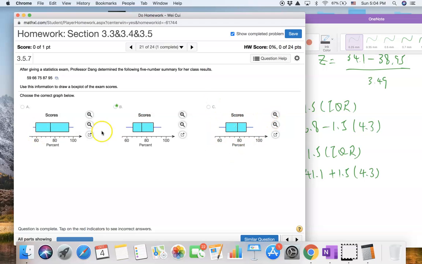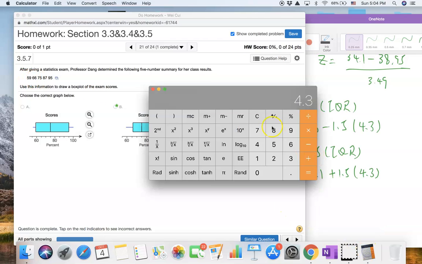Now between A and B, let's look at the first quartile. So the first quartile is gonna be the average between 59 and 66, because the first quartile is gonna be the median of the first part, right?